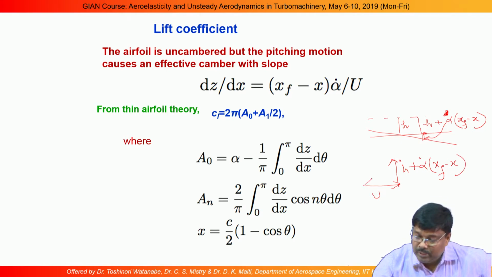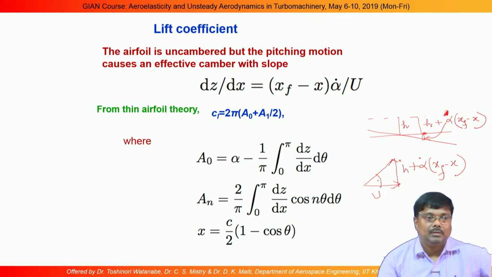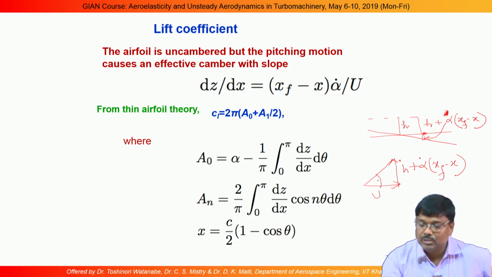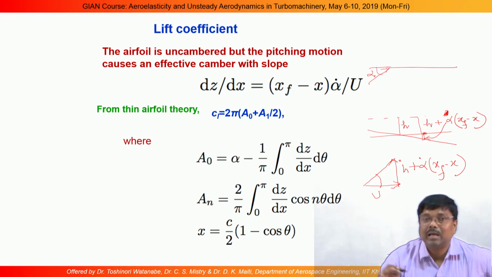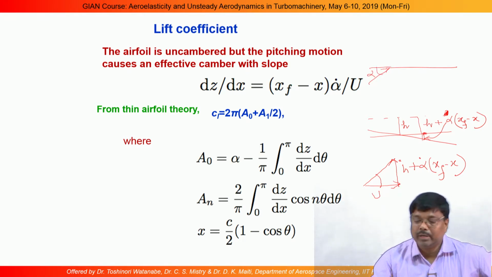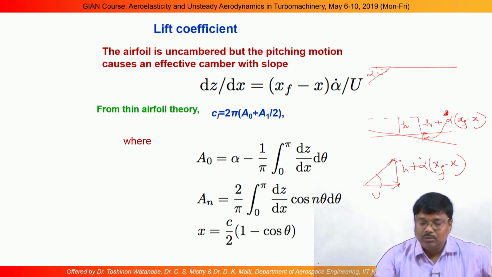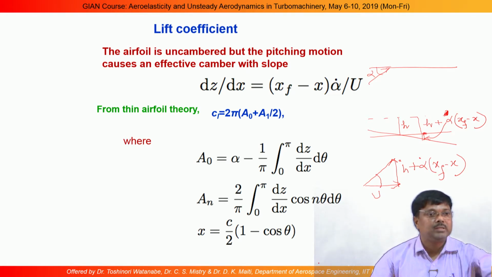This will be inducing an additional angle of attack. Originally, let us say this is the angle of attack, whatever we are getting here, alpha. In addition to that, due to this velocity, there will be a relative angle of attack.